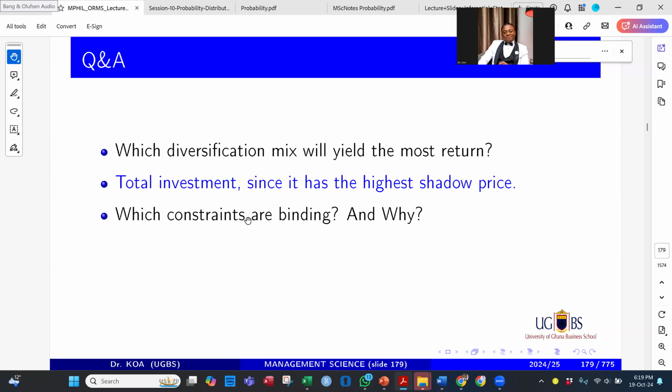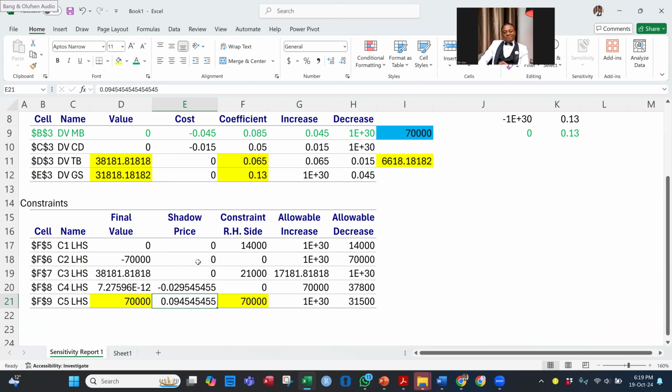The next question, which constraints are binding and why? Well, the constraints that are binding are the constraints where the left-hand side is equal to the right-hand side. If we check these ones I've highlighted, the left-hand side is the same as the right-hand side.